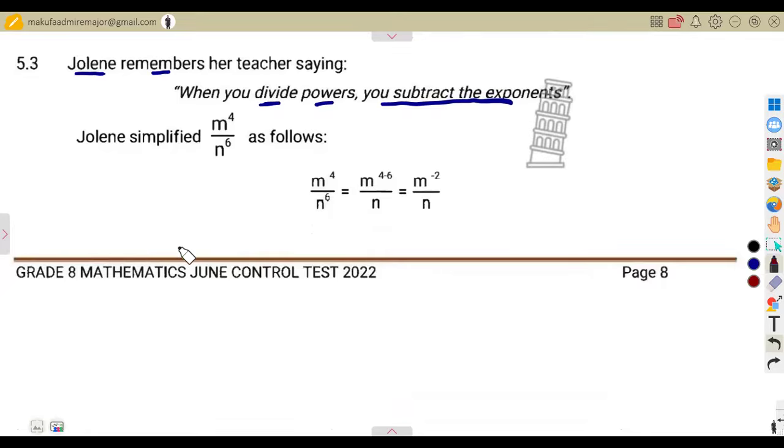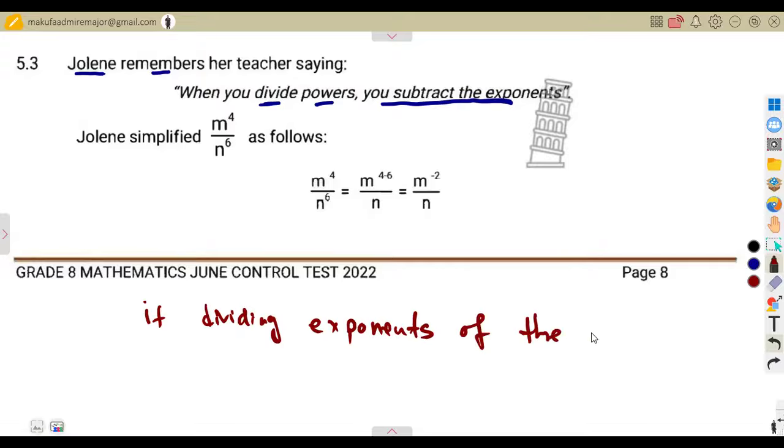The teacher can say, if you are dividing exponents of the same base, subtract powers. So this is what the teacher was supposed to have said.